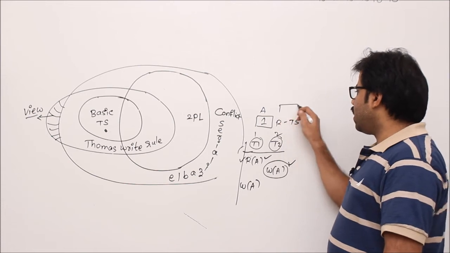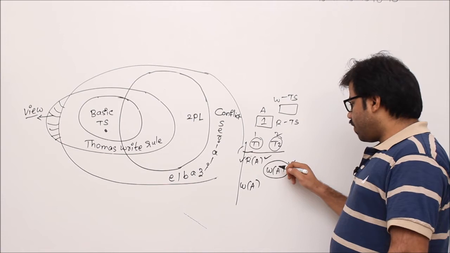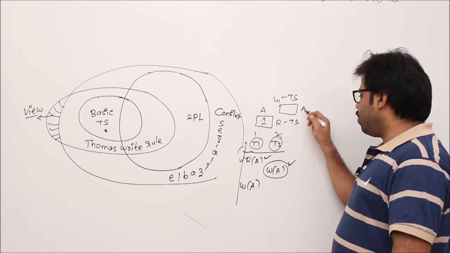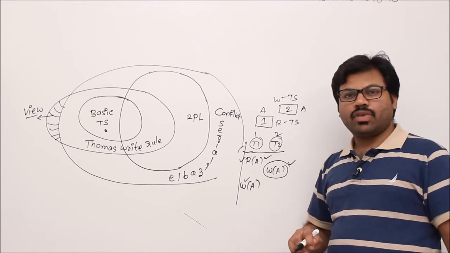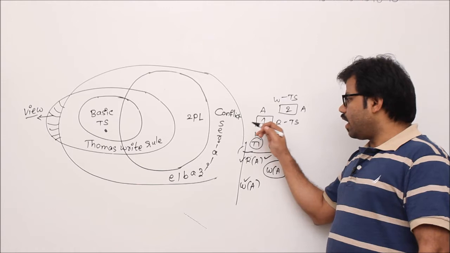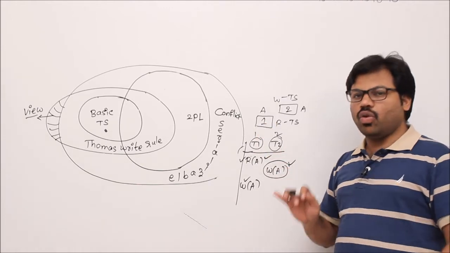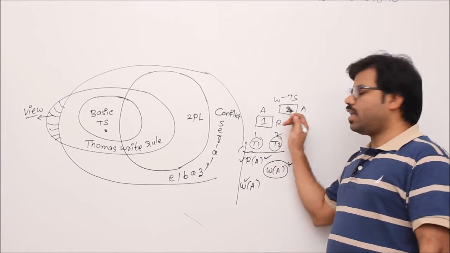Because of the write of A, the write timestamp of variable A will become 2, correct? Now later you will see write of A. So what we do, we first of all see the read operation, right? The read timestamp is 1, that means only older transactions have read, so the condition is satisfied, and we compare the write timestamp.